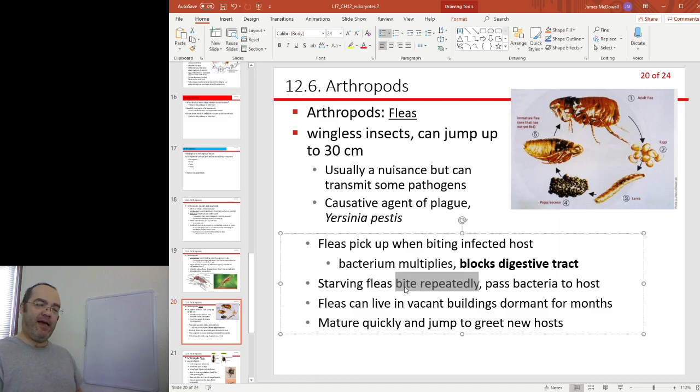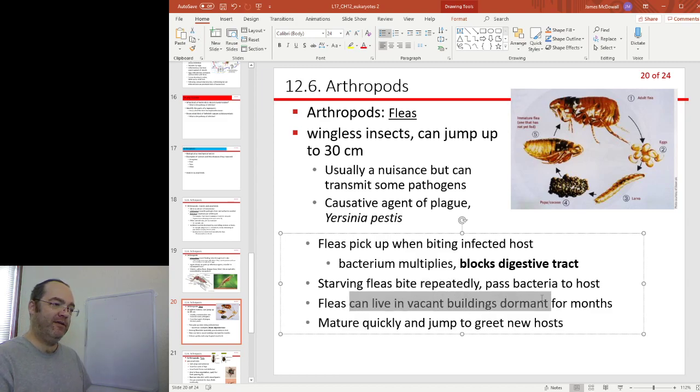Then, if an animal or a human comes into contact with the flea, that starving flea jumps on them and bites them extra hard, and it bites them repeatedly because it's starving. So the bacteria has increased the chances of being passed on by making the fleas starve, so that when they get on the human, they keep on biting, and almost certainly the bacterium, if it is in the flea, is now in the human.